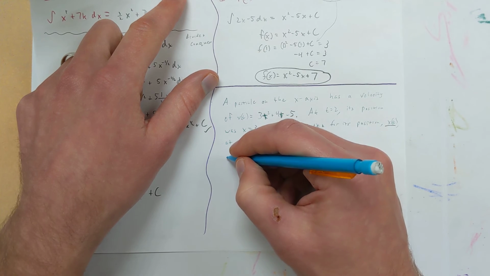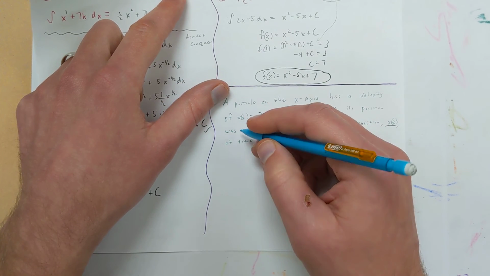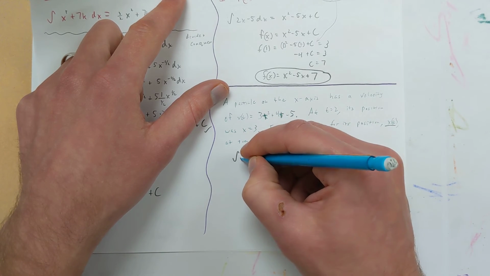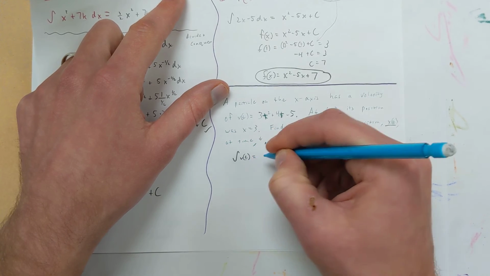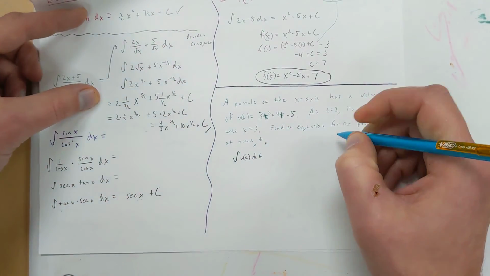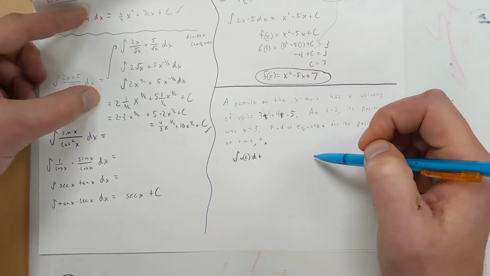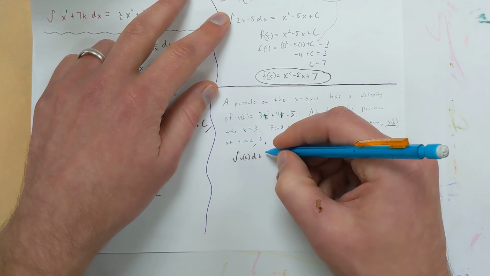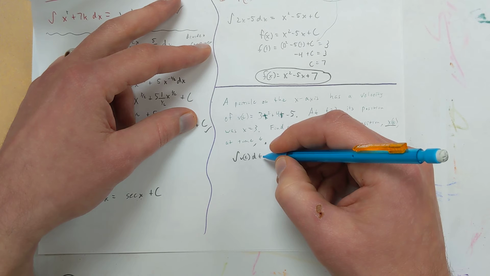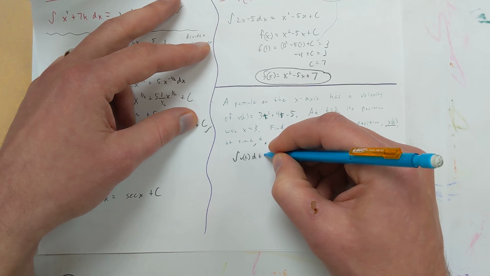Okay, so to go backwards from velocity and find position, I need to antiderive. By the way, don't forget your dx's or your dt's. I'll talk about in class why eventually, but if you forget them on a free response question on the test, I will take off half a point.